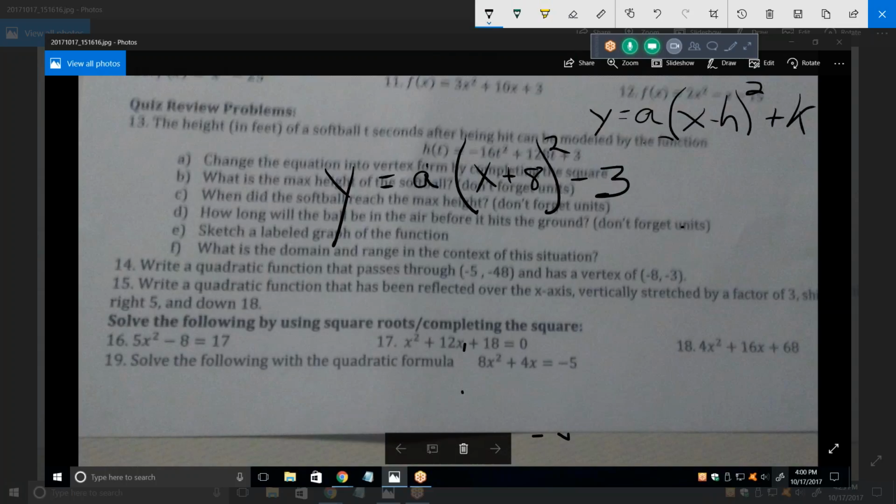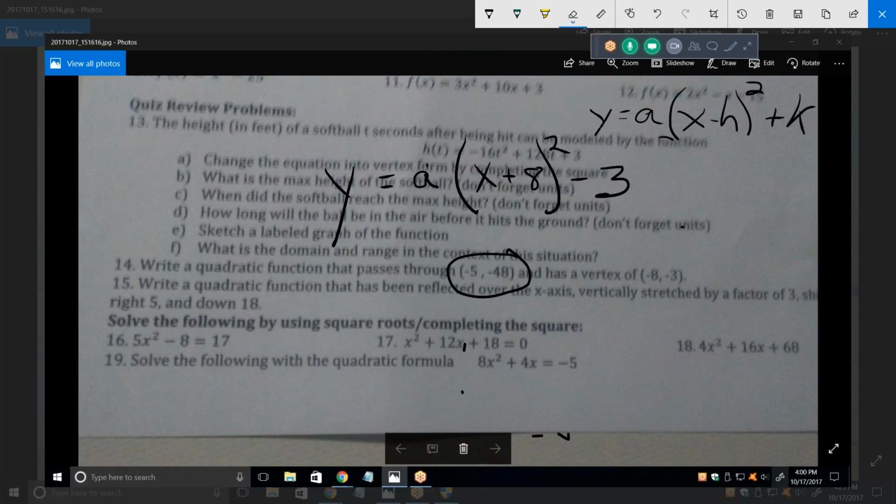But then it tells me that it passes through that point. So you can see that's going to let me solve for a. In other words, that point is an x and y coordinate. So if I plug that point in for x and y, the only thing missing will be a. And once I solve for a, then I have the equation of this particular quadratic.